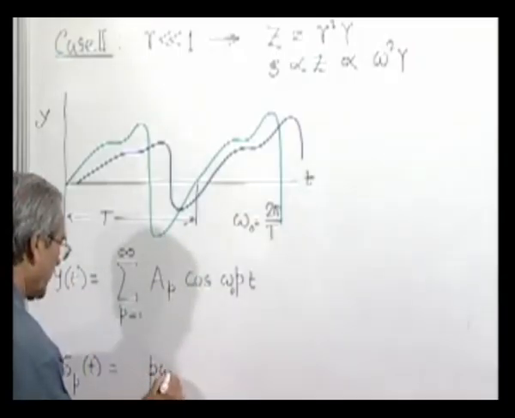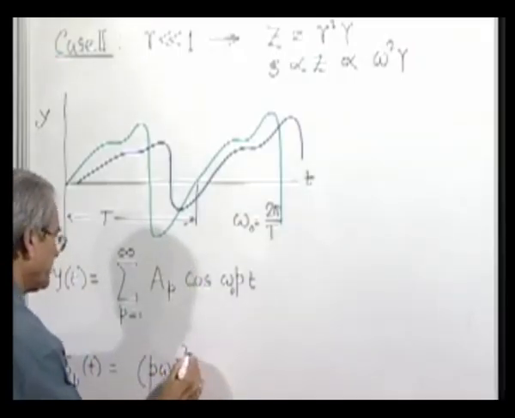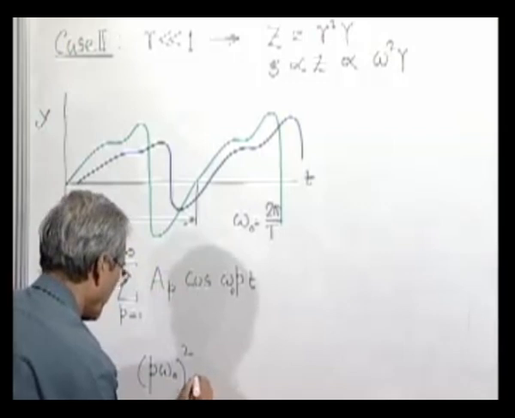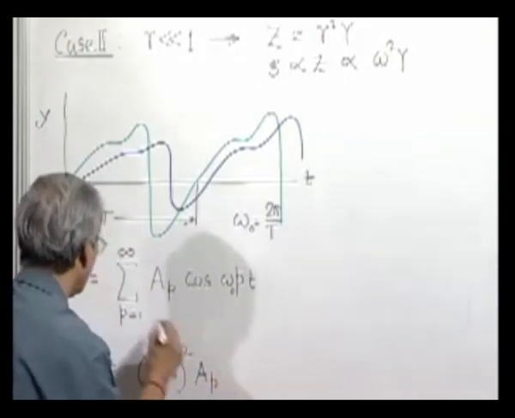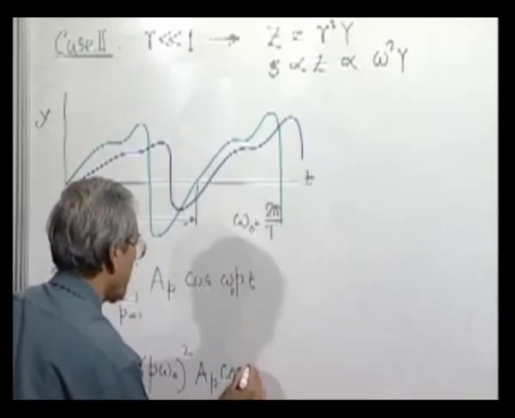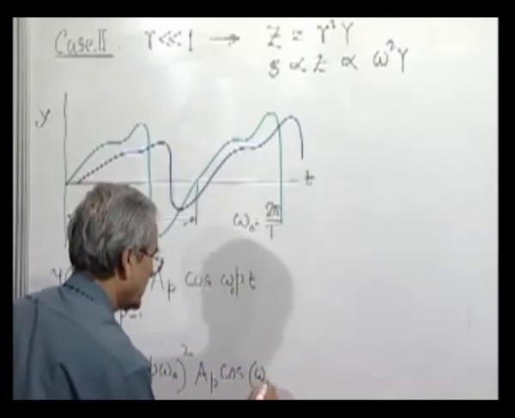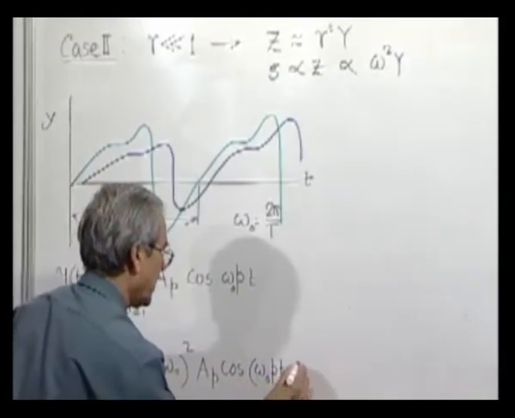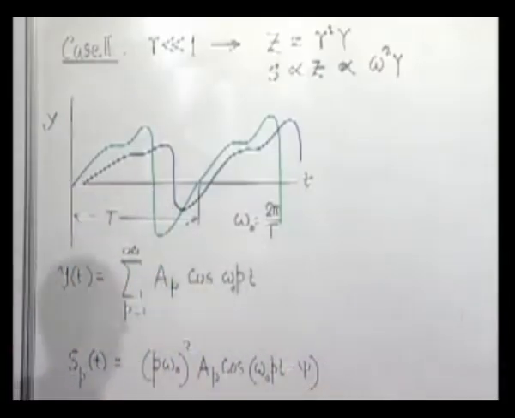So it will be p omega 0 square A_p, where Y is equal to A_p cosine of omega 0 p t minus psi. That is the signal generated by the pth harmonic.